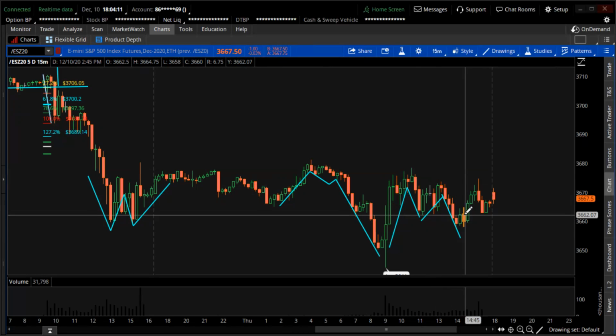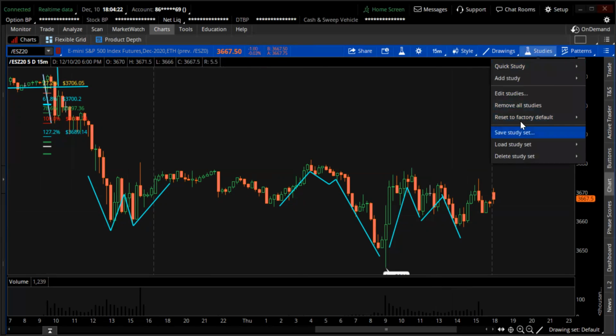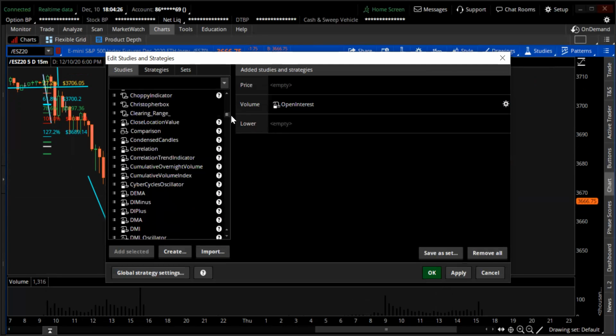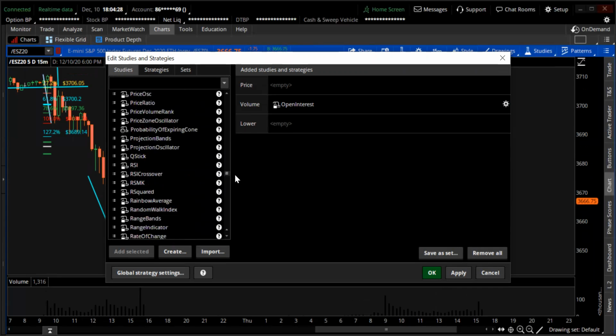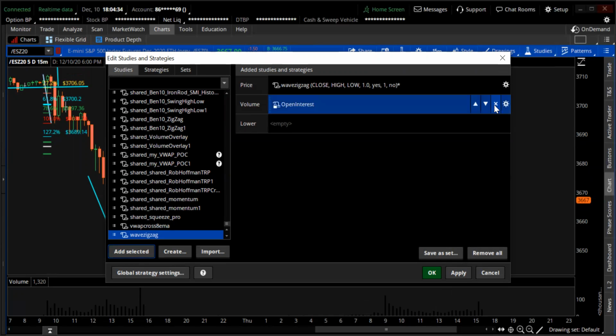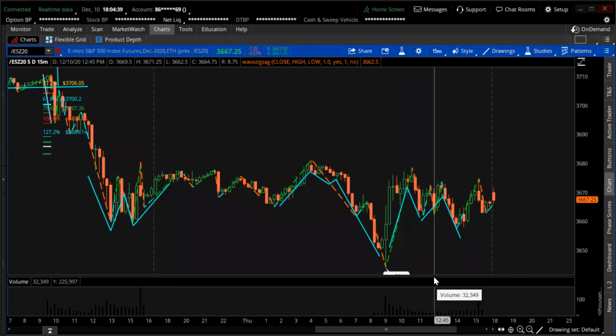Now, another thing you need to pay attention to, having this W and M pattern all over the place, is my indicator that I use all the time, my favorite zigzag, my wave zigzag, to make your life easier.